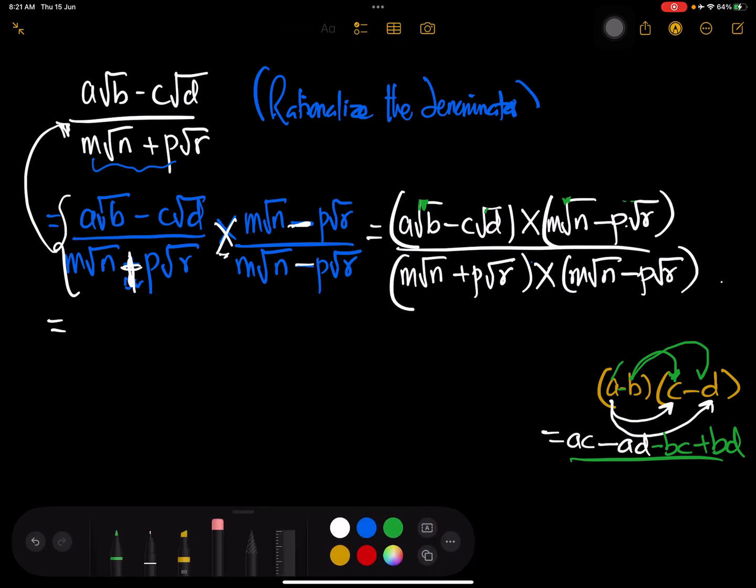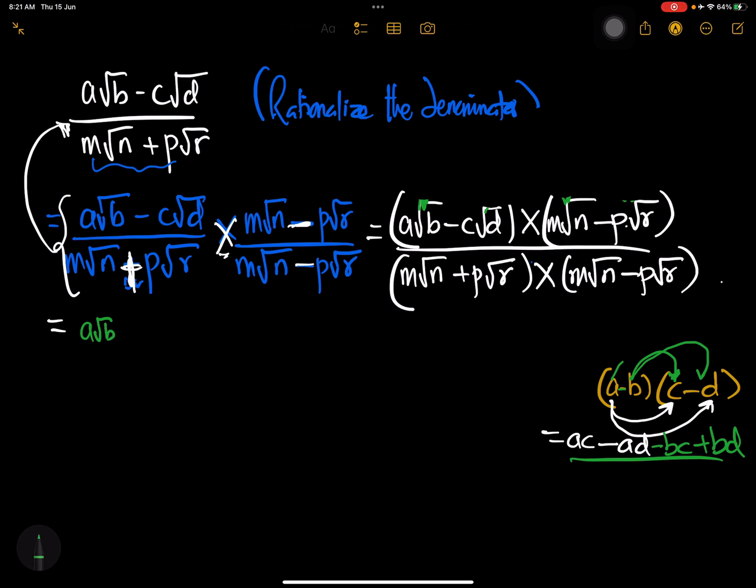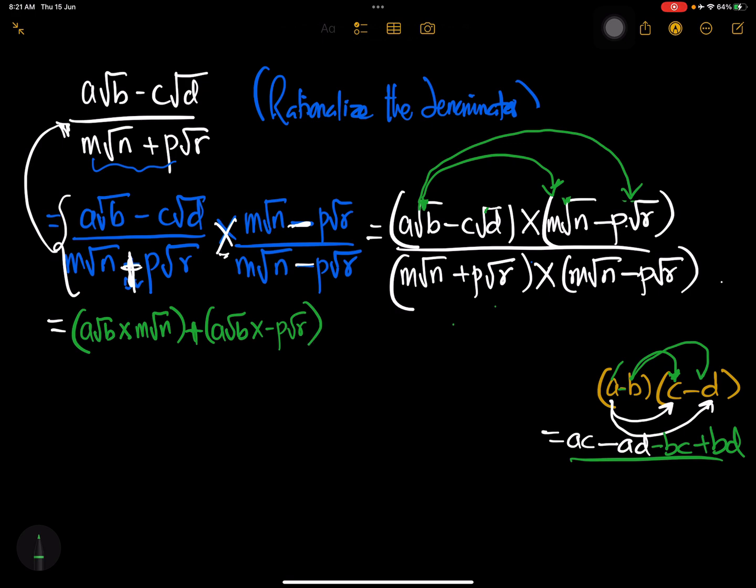So we're going to have the square root of b multiplying m square root of n in one bracket. Then the same square root of b will multiply negative p square root of r. So we're going to have plus the square root of b multiplied by negative p square root of r, like this at the top.